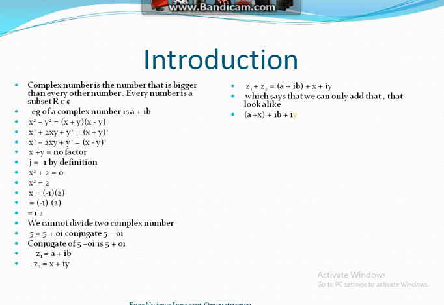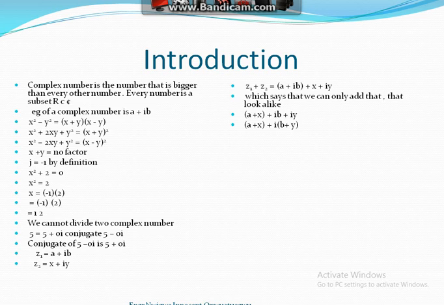That is, in bracket, a plus x plus ib plus iy. We are able to collect like terms, so we arrive at, in bracket, a plus x plus i, in bracket, b plus y.